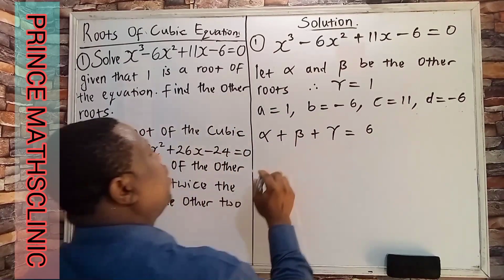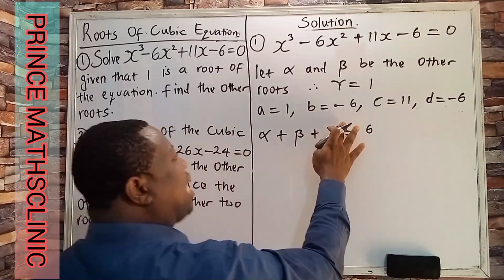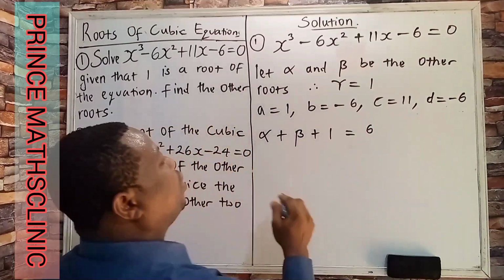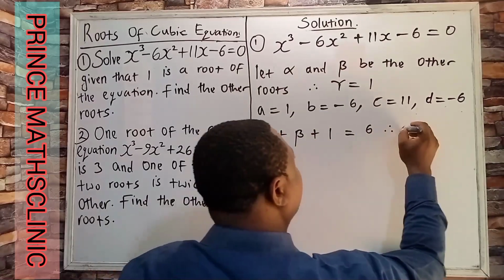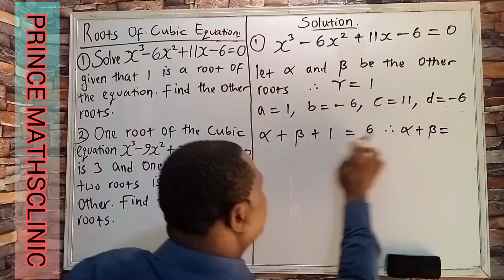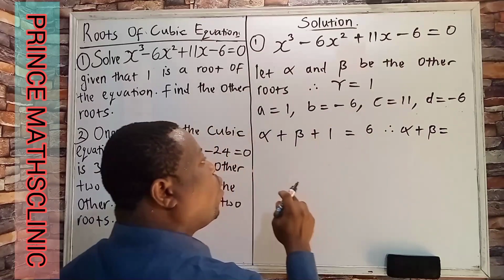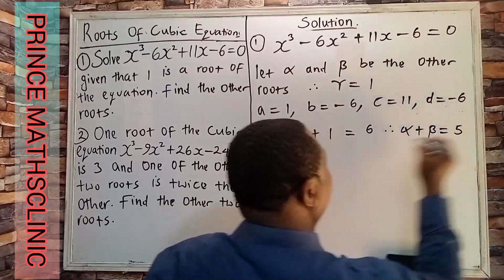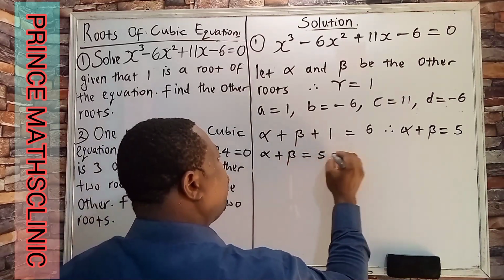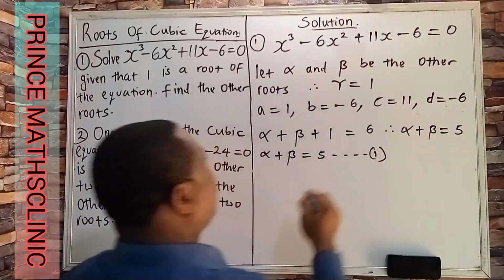My gamma is 1, so I replace it with 1. Therefore alpha plus beta equals, if 1 crosses to this side, plus changes to negative, 5. So alpha plus beta is equal to 5. Let's call this equation 1.